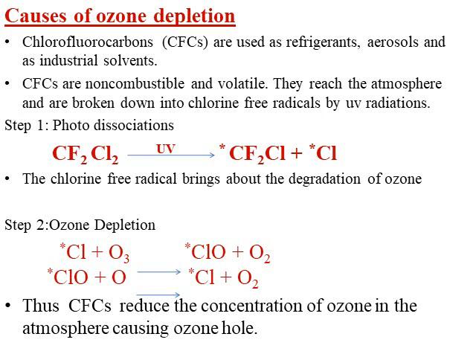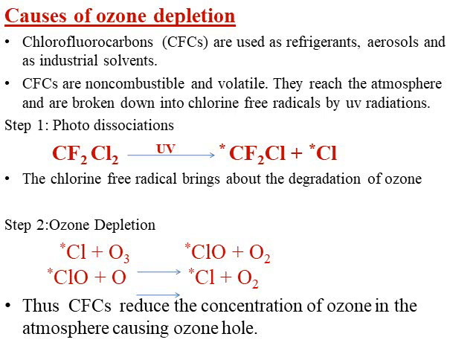Now this free chlorine, once it is released from one molecule of chlorofluorocarbon, in the second step will combine with the ozone. So the free radical that is liberated will attack the ozone. This is step 2, depletion of ozone.